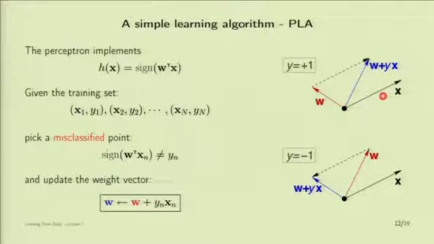You add x to w, and you get the blue vector instead of the red vector, and lo and behold, now the inner product is indeed positive. In the other case, where y is -1, it is misclassified because they were this way. They give you +1 when it should be -1. When you apply the rule, since y is -1, you are actually subtracting x. So you subtract x and get this vector, and you will get the correct classification. Okay, so this is the intuition behind it.